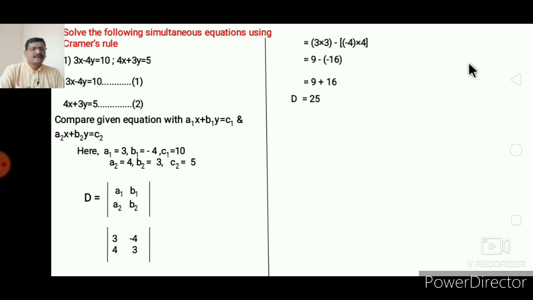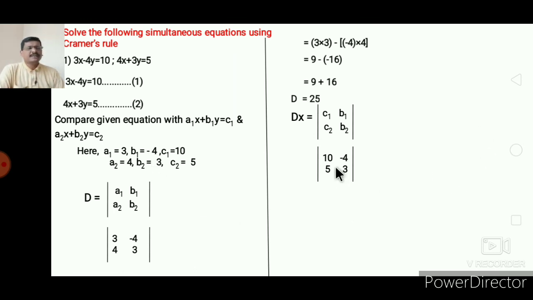Next step, find the value of Dx which contains elements c1, c2, b1, b2. Substituting the values of c1, c2, b1, b2, we get Dx is equal to 10, means the value of c1 is equal to 10, c2 is equal to 5, b1 is equal to minus 4 and b2 is equal to 3.